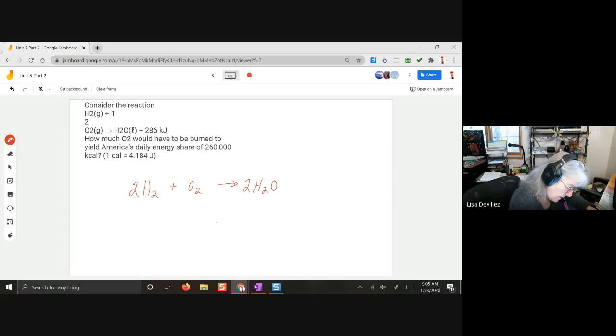All right, and that plus what's written, that's saying that delta H, because the energy's on our product side, it's negative because it's giving off energy. So minus 286, which I don't think it necessarily matters for this problem.